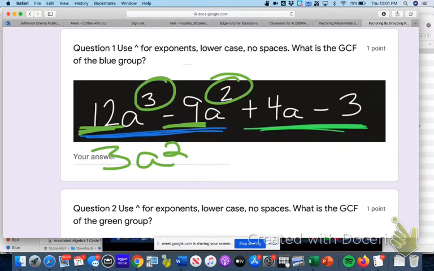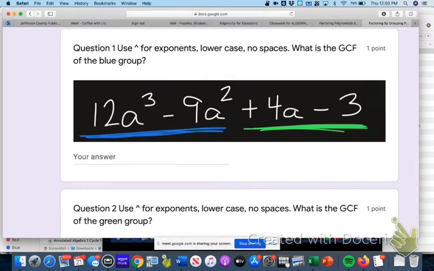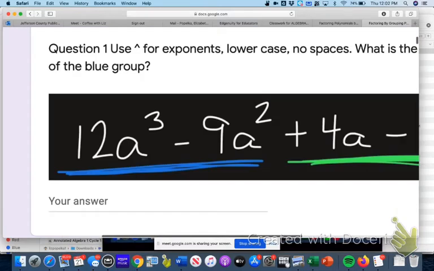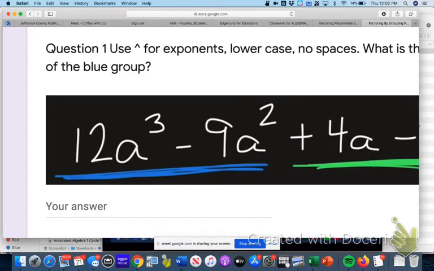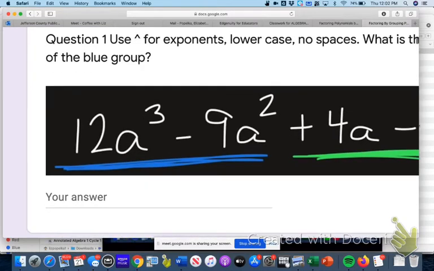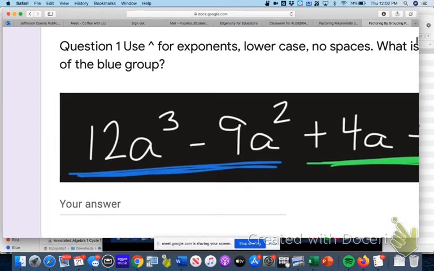So the greatest common factor for the blue group, if we've done it right, and here's how you can check. See up here in the directions, this is important too, where it says use that little arrow button for the exponents. Because when you're typing on a Google form, it won't let you make the little numbers for an exponent.